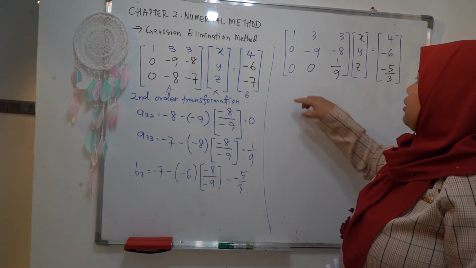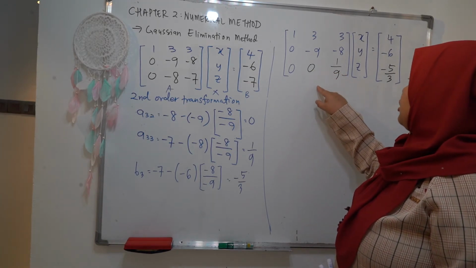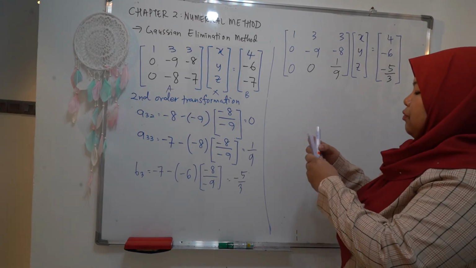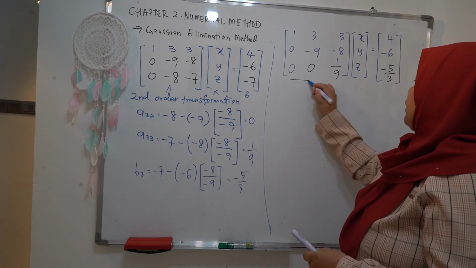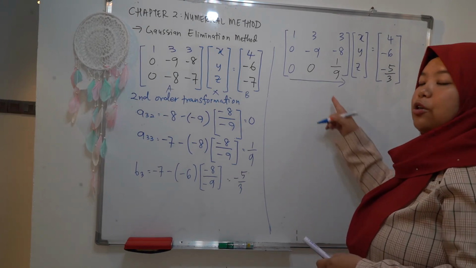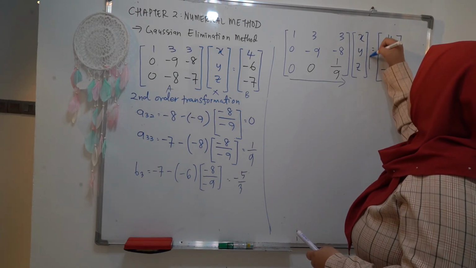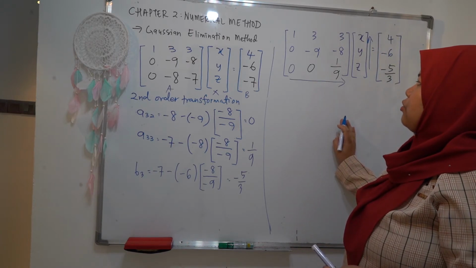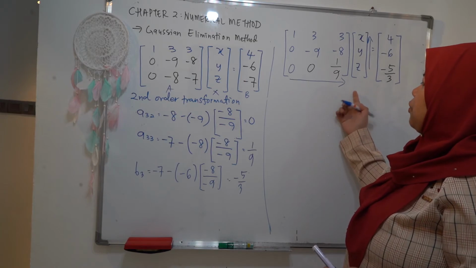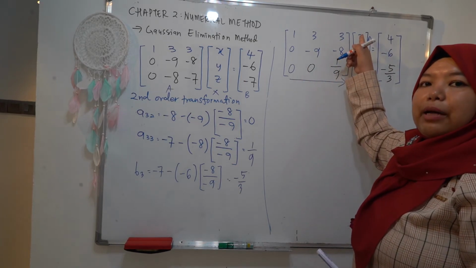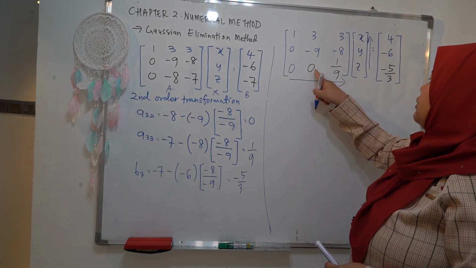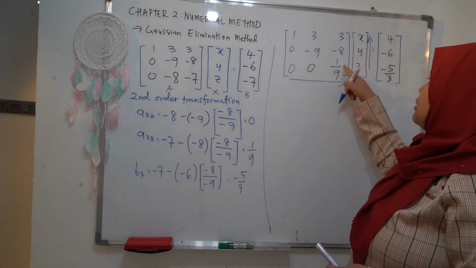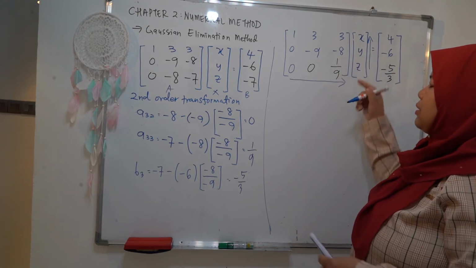Right now we have to multiply this matrix with this matrix, so we will apply row times column. How to multiply these two matrices? 0 times x plus 0 times y, plus 1/9 times z.